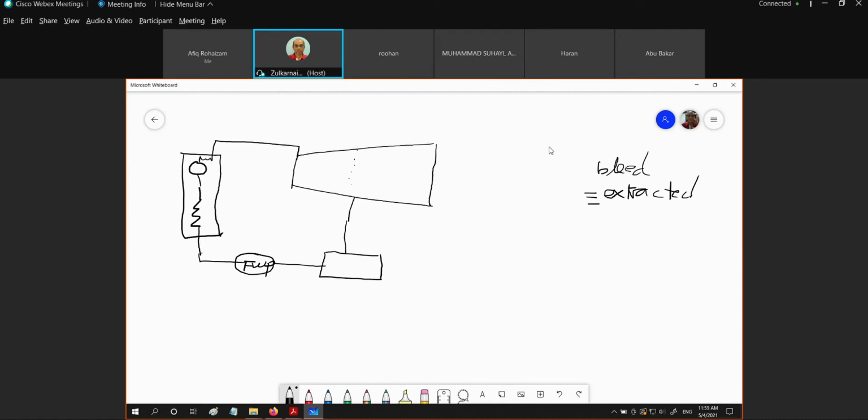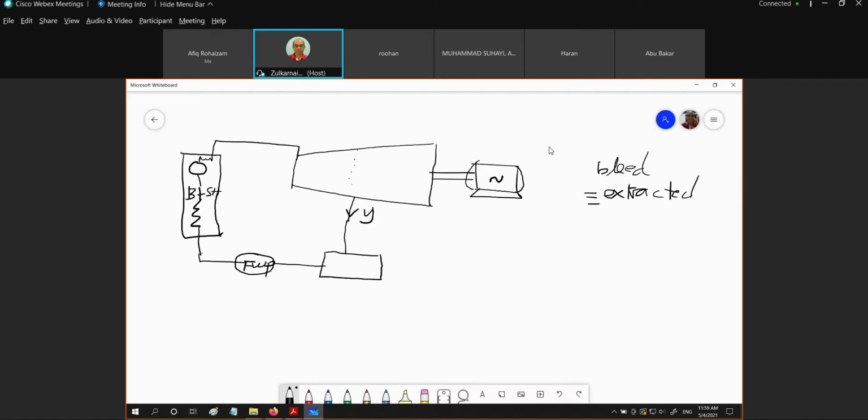This is our turbine, this is our superheater and also the boiler. Then the output from the turbine, let's say we are going to drive an electrical generator. What is being bled here is, let's say, Y.